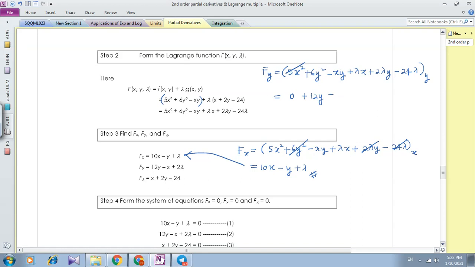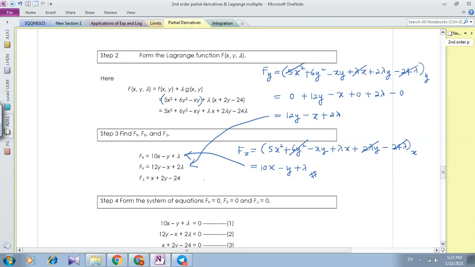So the final answer is 12y minus x plus 2 lambda, the same as here.